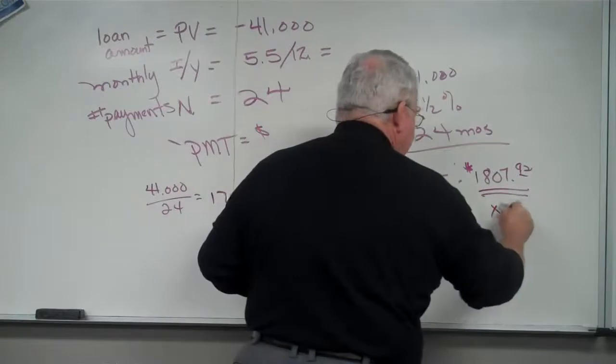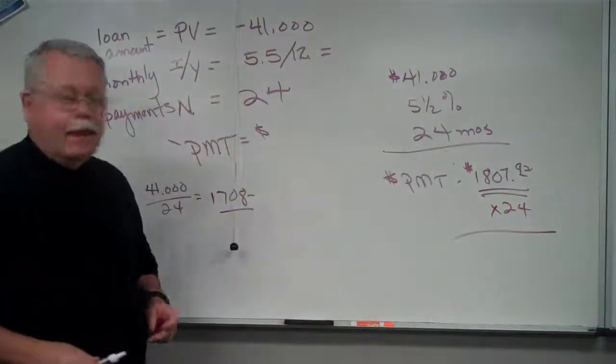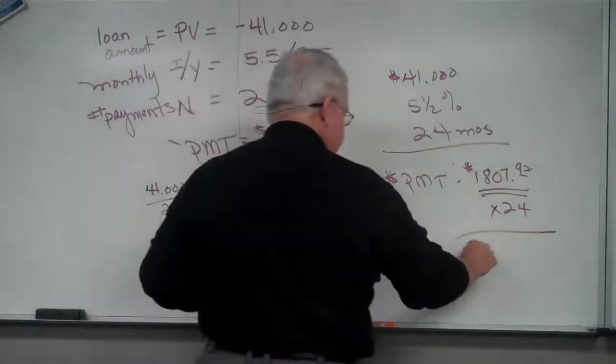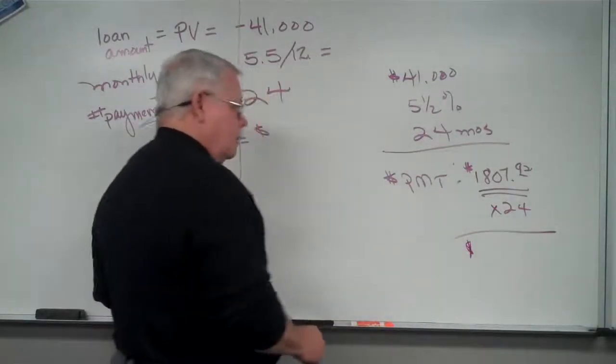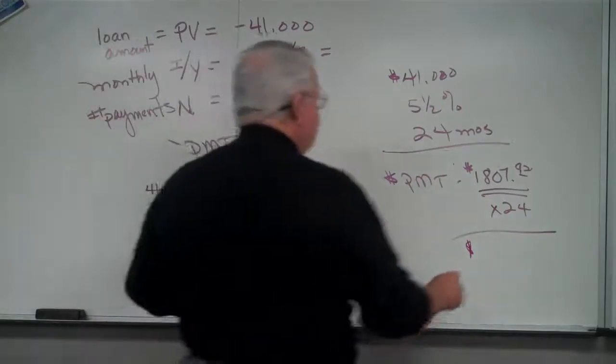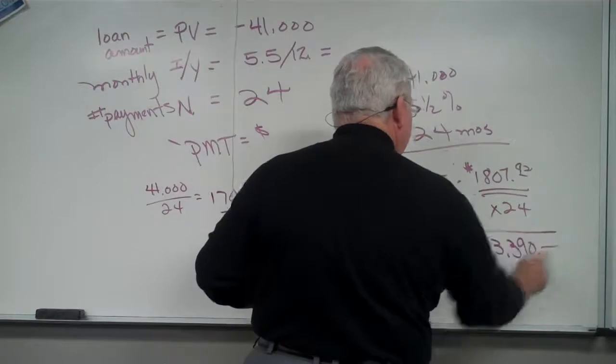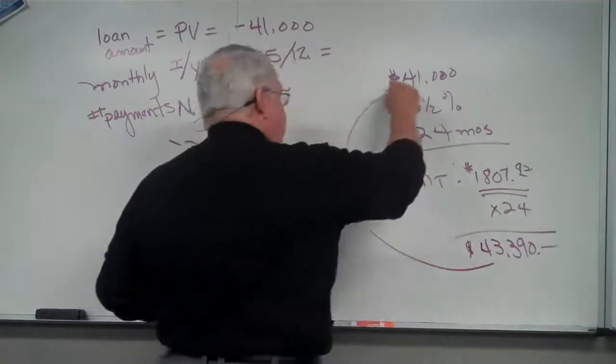What is that if I pay it 24 times? How much money is that? $43,390 and some odd cents. 8 cents. Okay, so what does that mean?